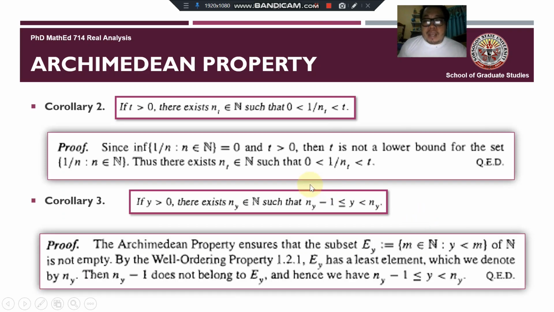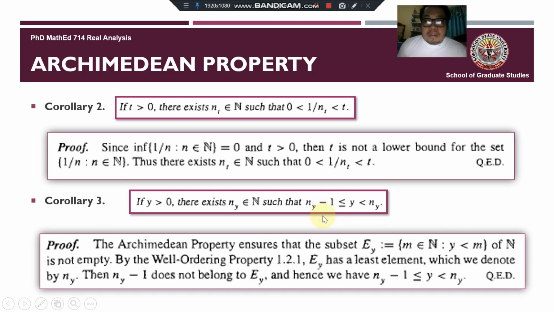The second corollary: if t is greater than 0, there exists n sub t, an element of the set of natural numbers, such that 1 over n sub t is greater than 0 but less than t.